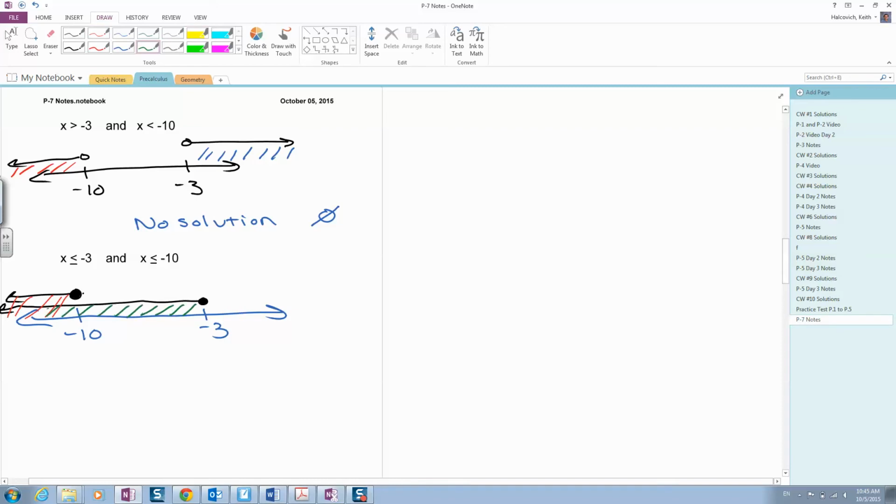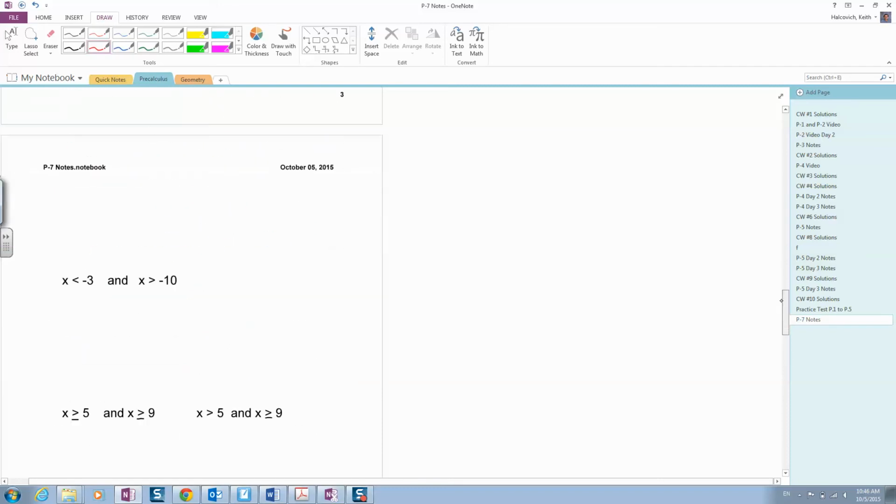Notice where it overlaps in this purple part, that is where your answer is. So we'll draw that right there. That's where it overlaps from negative 10 to negative infinity. So it's less than or equal to negative 10.